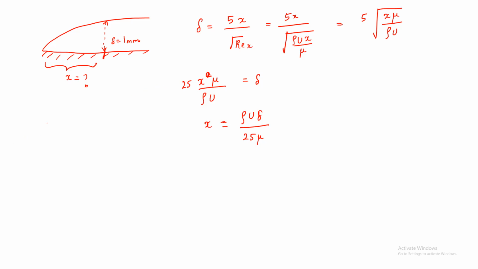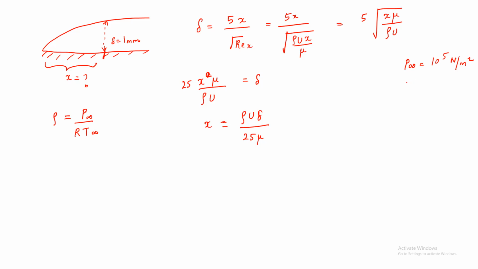We have to get our rho from the pressure and temperature that are given, so rho equals P infinity by R into T infinity. Our P infinity is 1 bar, which is equal to 10 power 5 Newton per meter square.